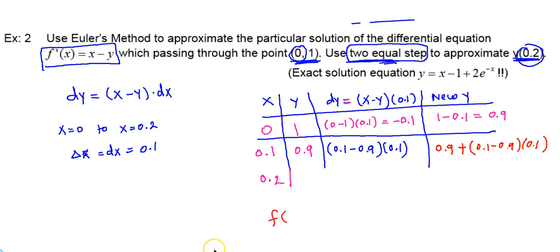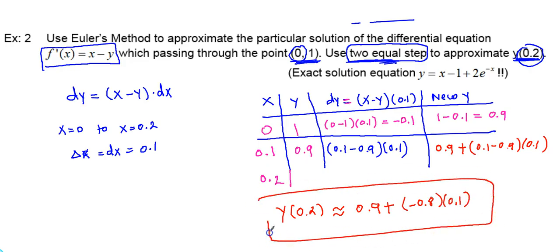You have to declare the answer. Y of 0.2 is equal to 0.9 plus 0.8 times 0.1. This is your approximation. Do not simplify, do not add, do not do anything.